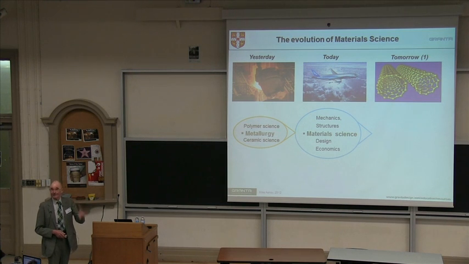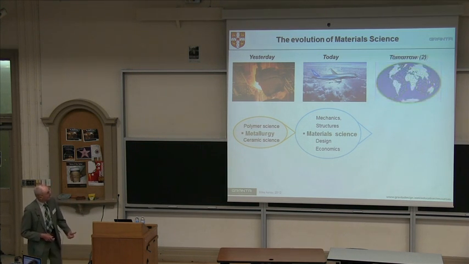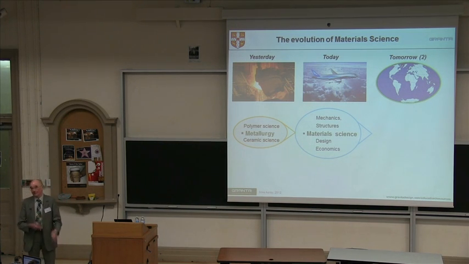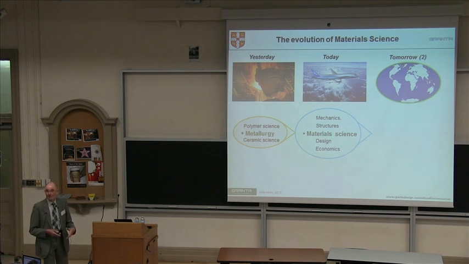So that's going down in scale. But we are also going up in scale. There's a number of things associated with materials which are of global reach. One is the resources from which we draw them. They come from all over the world. One is the way that we then use them, manufacture all over the world.